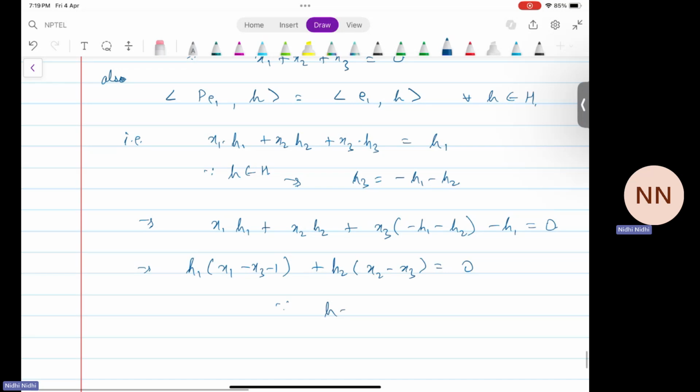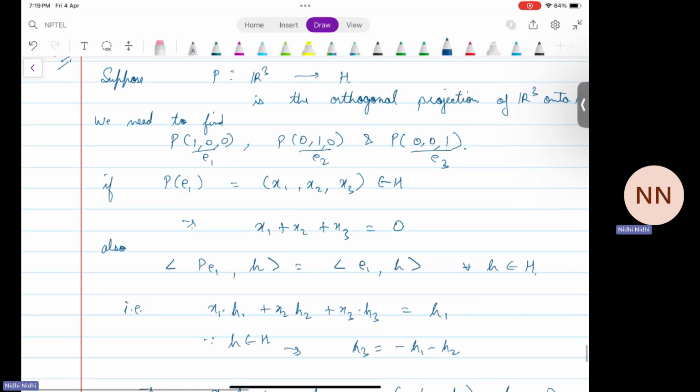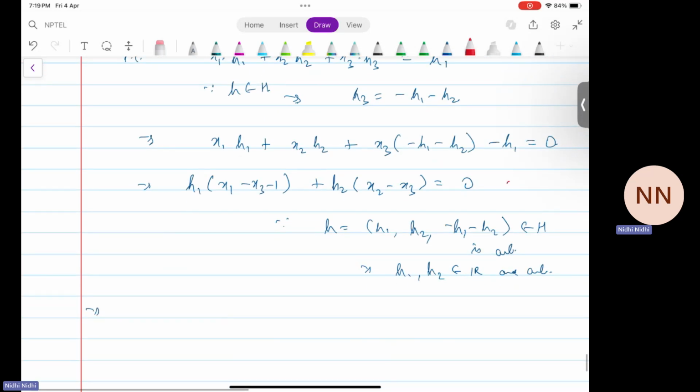Now since h equals (h1, h2, minus h1 minus h2) belonging to H is arbitrary, this implies h1, h2 belonging to R are arbitrary. I mark this one as equation 1, this one as equation 2.